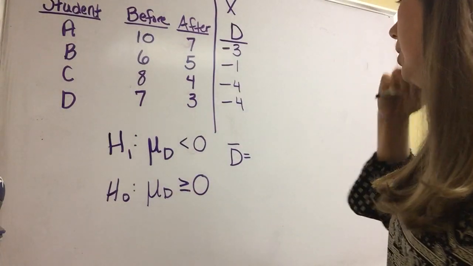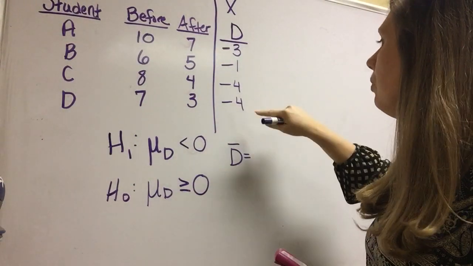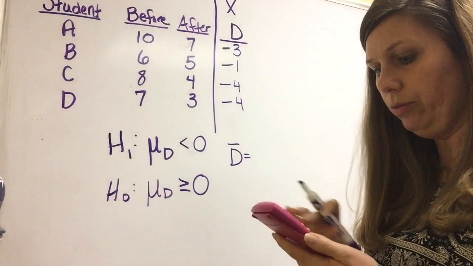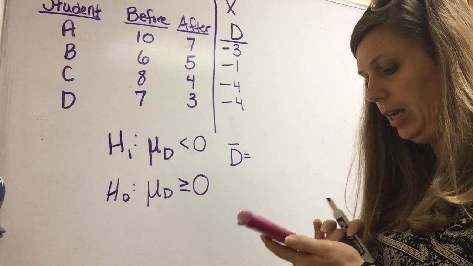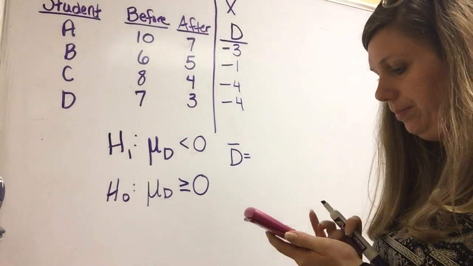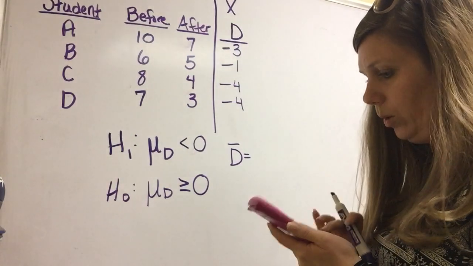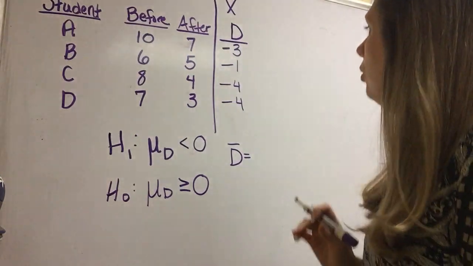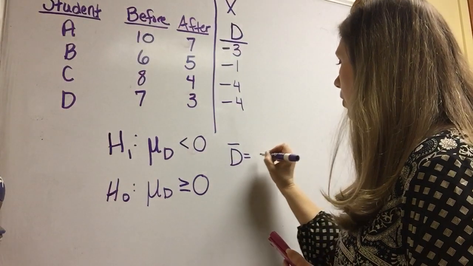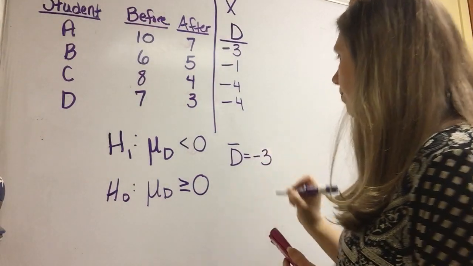Okay, so I've got 4, 4, 1, and 3. So that's going to end up being negative 12. Negative 12 divided by however many scores there are, which is 4 scores. So it looks like my average is going to be negative 3. Okay, so that is the average.